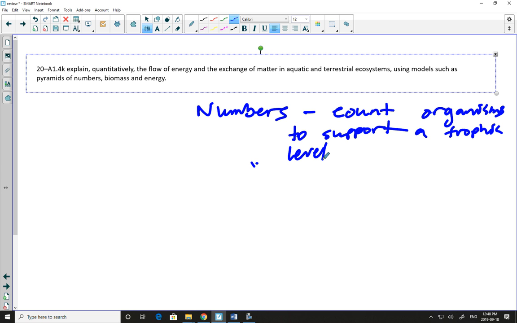And these pyramids generally have a wide base because generally a consumer, an herbivore, sorry, needs to eat a lot of plant material to get its energy needs, right? So generally there tends to be wider bases, but there are cases where the base underneath is smaller, and there's a few reasons for that.